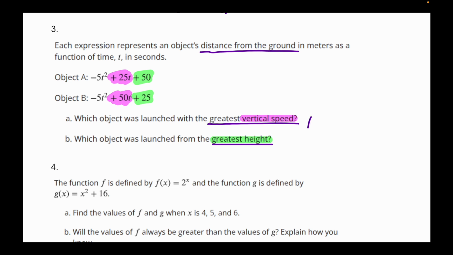And so that's going to be object B. And then for part B, this wants to know which one's launched from the greatest height. That's my green highlighted pieces here, which means it's going to be object A. And that's what this question is asking. It's asking, essentially, can you look at an equation and using just the numbers determine information about it?